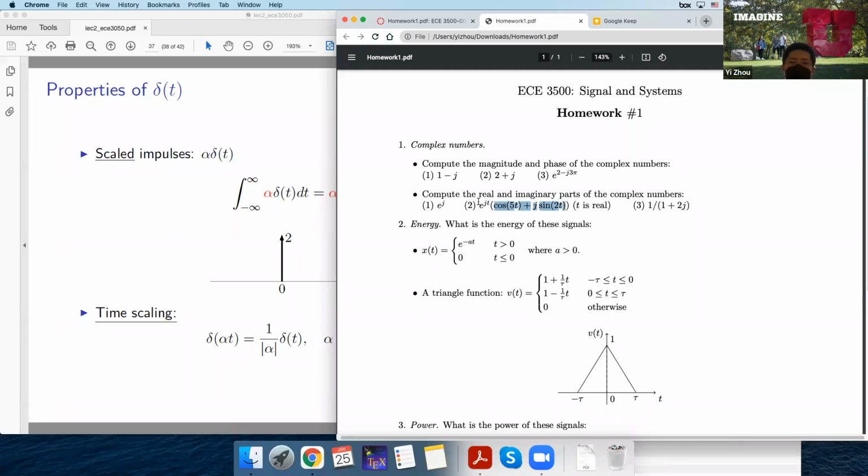So what we need to do is to somehow translate this polar form into a Cartesian form. There's a formula that translates complex exponentials into Cartesian form, the Euler's formula, right? So you just apply that.